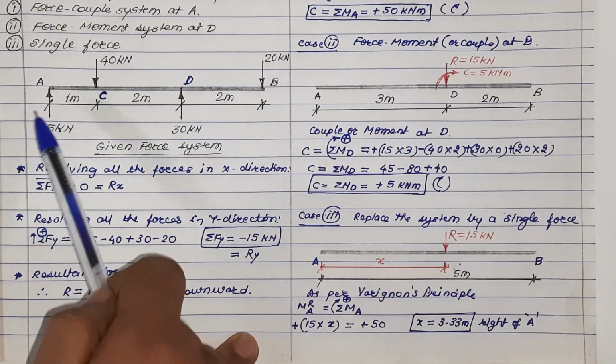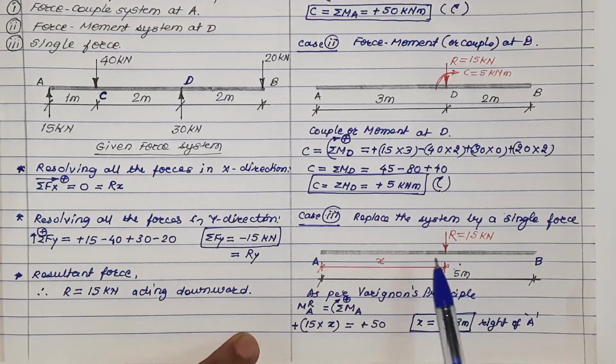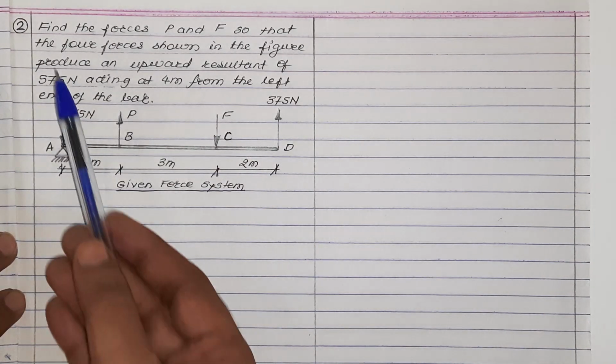Thus, we can replace these four forces by a single force. That finishes this problem. This is the second numerical.